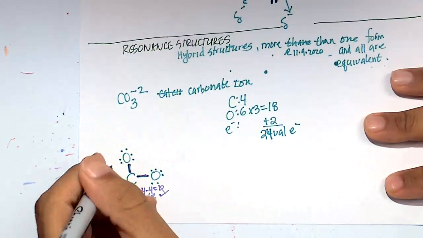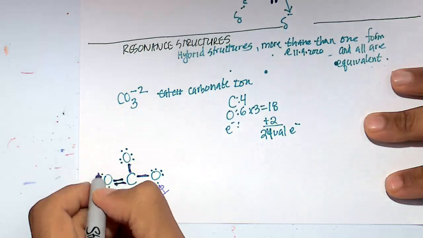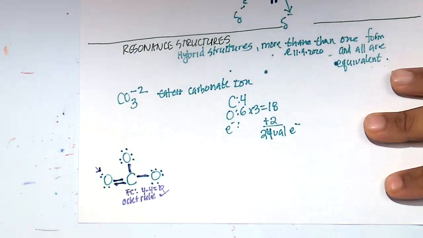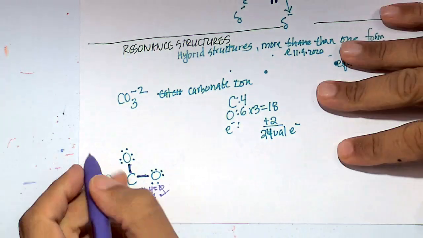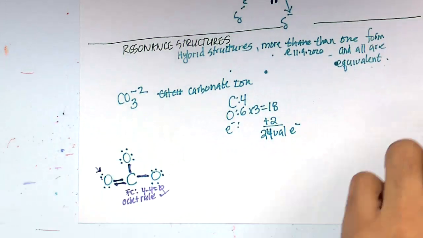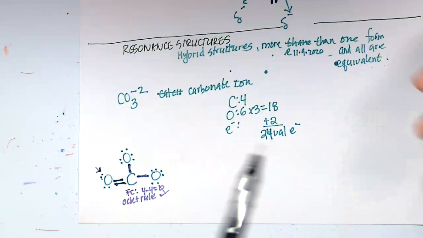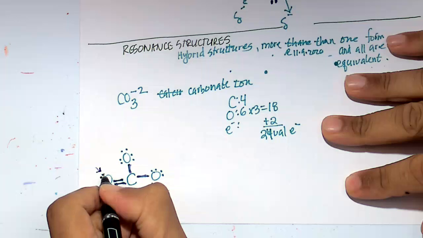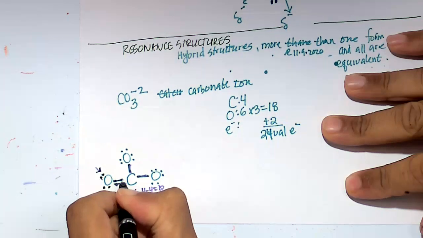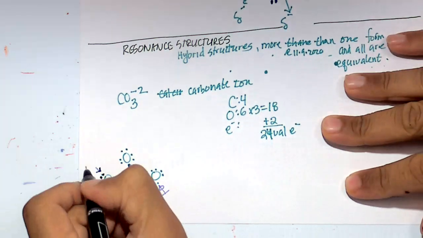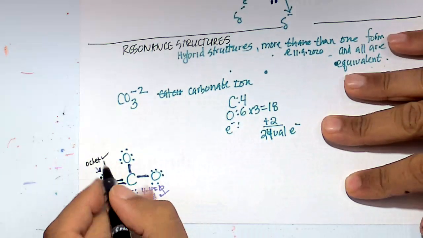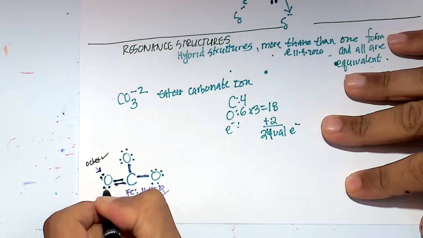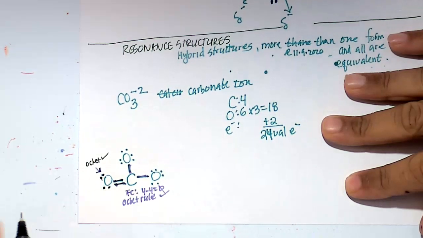How about the octet rule for this oxygen? 1, 2, 3, 4, 5, 6, 7, 8. Octet rule satisfied. What about formal charge? 1, 2, 3, 4, 5, 6.